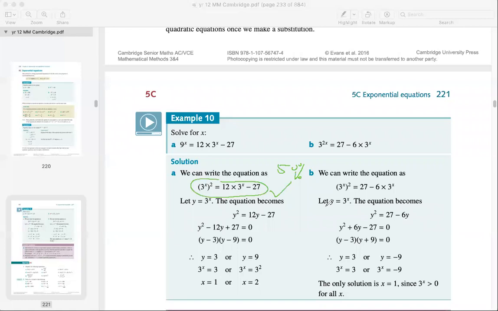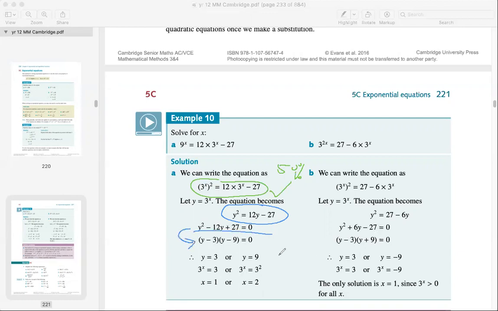Essentially, in this case, it is a quadratic or parabola. So again, we use the substitution method. We make y equal to 3 to the power of x, right? Suddenly the equation becomes y squared equals 12y minus 27. Then we rearrange the equation to get this.